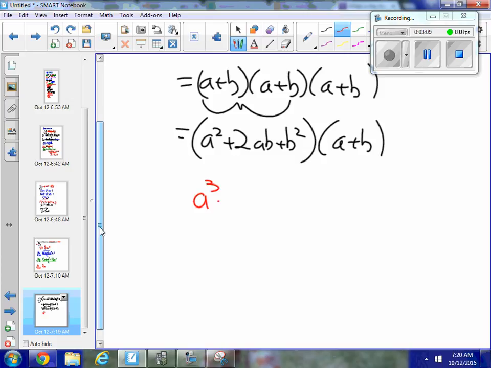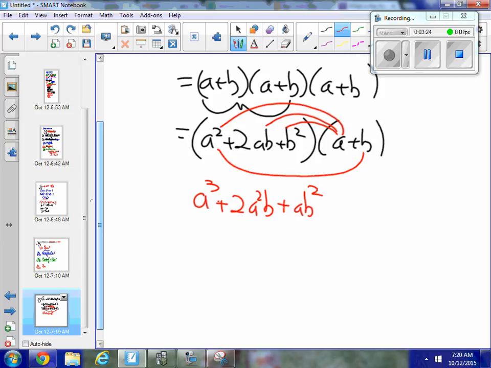I'm going to do my a first, a times that, then times that, then times that, plus 2a squared b plus ab squared. Now I'm going to do my b's, plus a squared b plus 2ab squared plus b cubed.